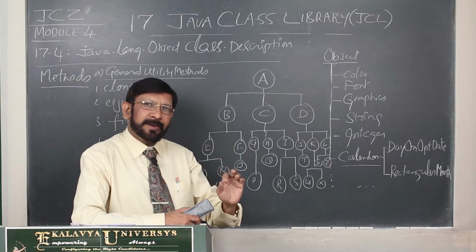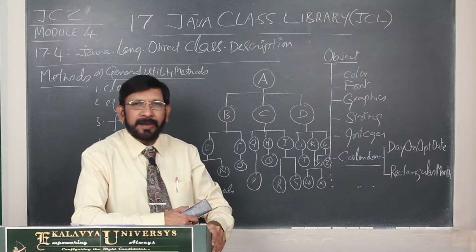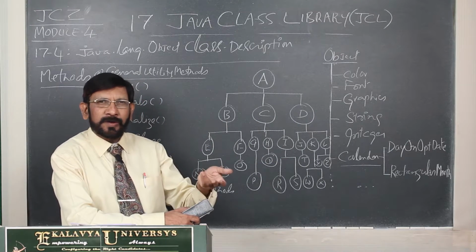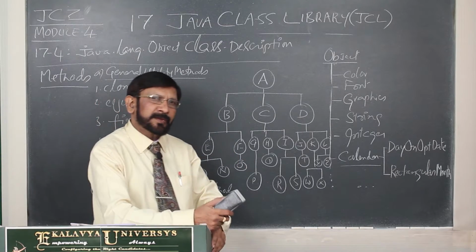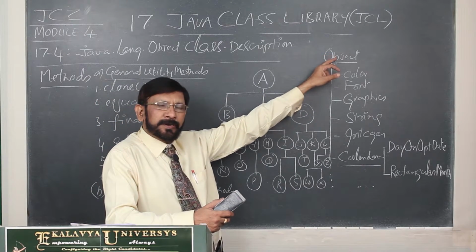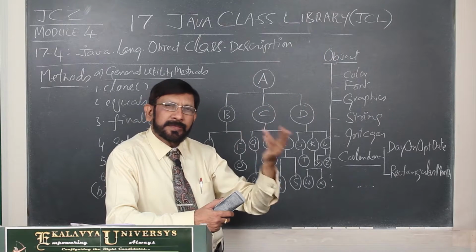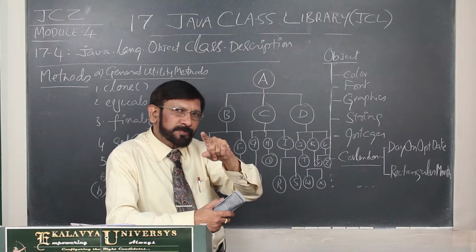Use them directly as they are, or otherwise, if they want more functionality or want to make some changes in the functionality of the method that Object class provides, they may change it. That is what we call override.